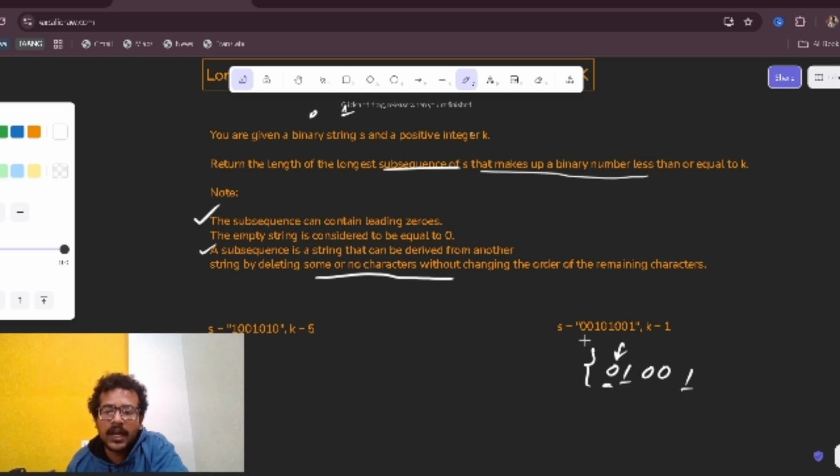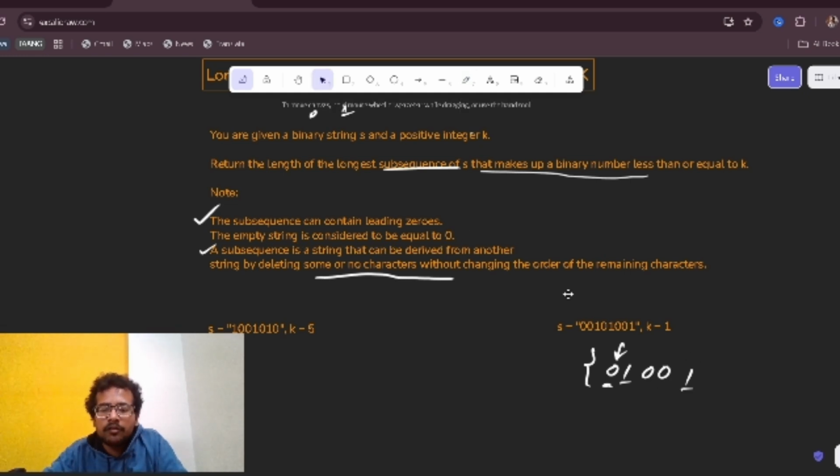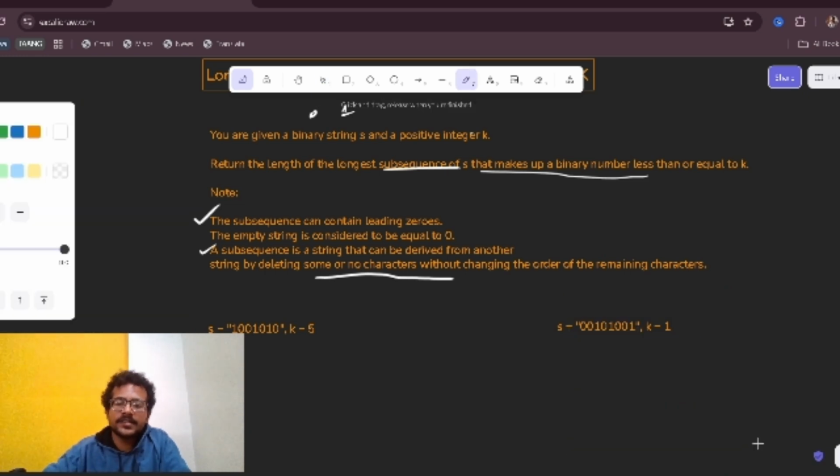So we can consider the leading zeros, and the empty string is considered to be equal to 0. If we take an empty string, then the value of it will be 0.